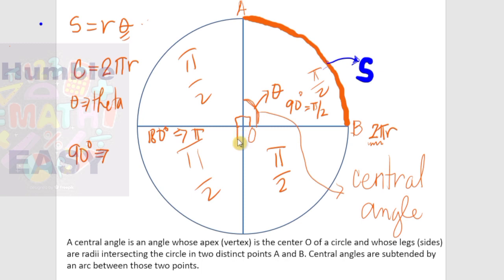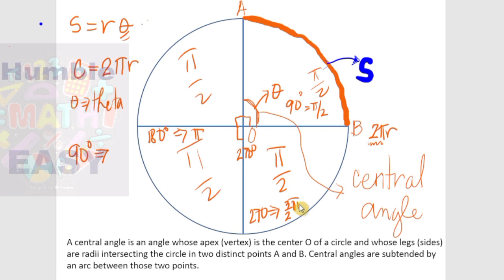Then if we have another set of 90, which is equivalent to 270, the 270 here is equivalent to pi over 2 plus pi over 2, which is a whole pi, plus another pi over 2, that is 1 and 1/2 pi, or 3 pi over, no, sorry, it is not 3 over pi but 3 pi over 2, or 3 halves pi.